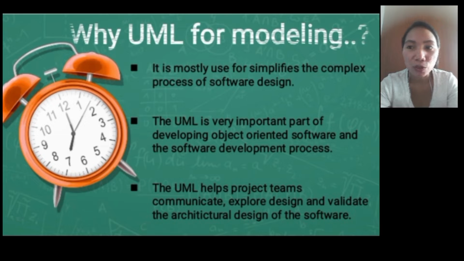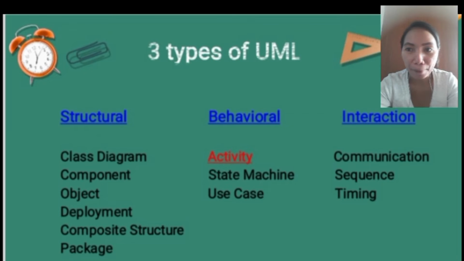Why UML for modeling? It is mostly used to simplify the complex process of software design. The UML is a very important part of developing object-oriented software and the software development process. The UML helps project teams communicate, explore design, and validate the architectural design of the software.